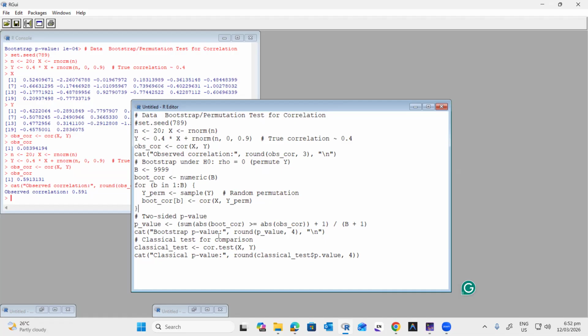After that we print that bootstrap p value, and then we apply the classical correlation test on x and y and check the classical p value up to 4 decimal places. So we check it.